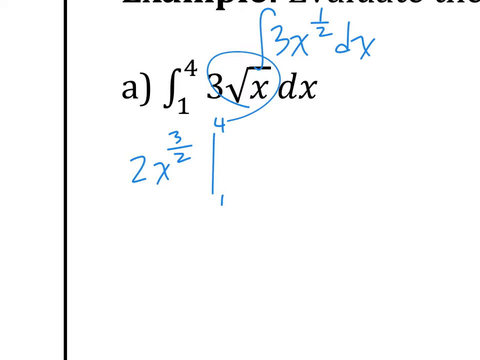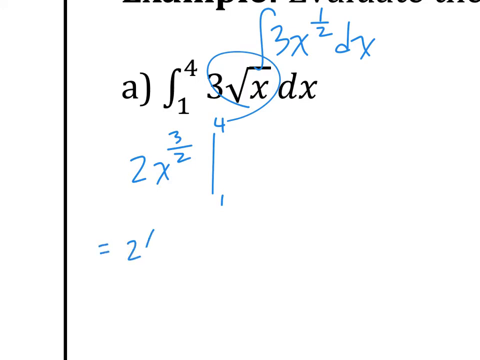So that line means evaluate. So we're going to apply FTC part 1. FTC part 1 says if you have an integral of this whole thing, it's the same as the antiderivative, which is that function, 2x to the 3/2 of b minus a.